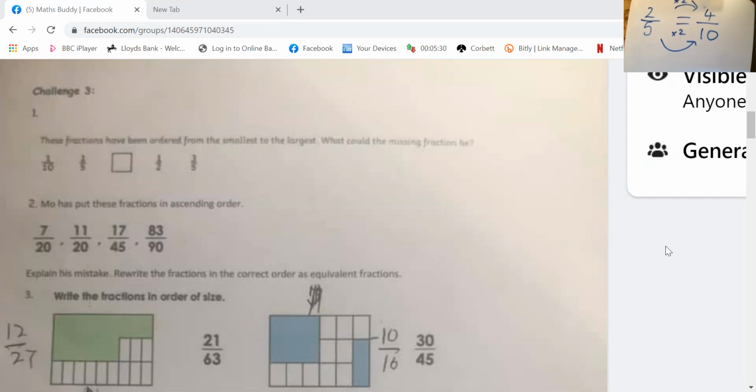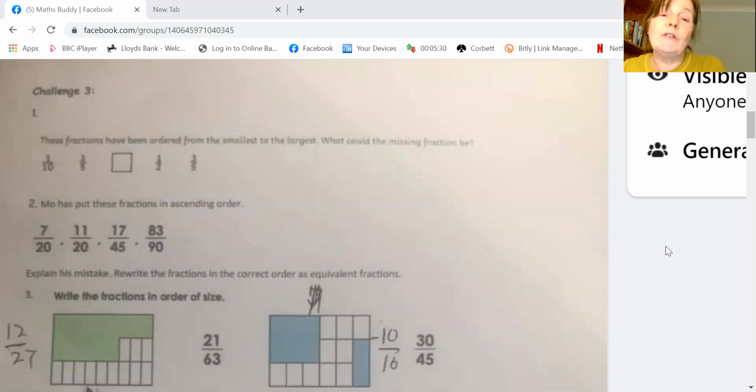And you will then find that everything can easily be compared because you're only talking about tenths. And when you do that, a gap will appear between the equivalent for a half and 2/5. Between those two, where the gap is, you will see there's a number of tenths that will sit nicely in the middle.